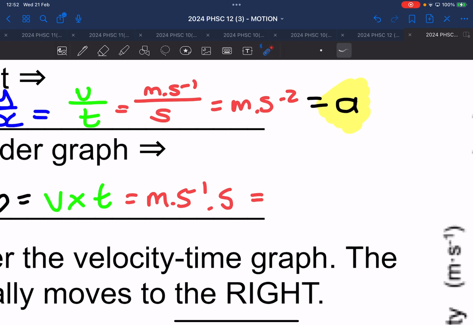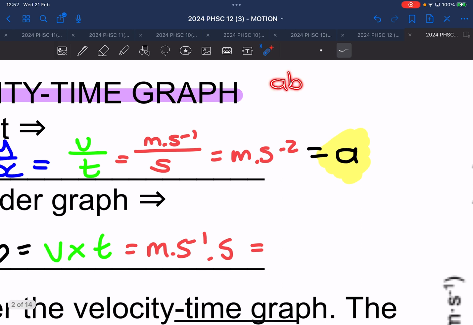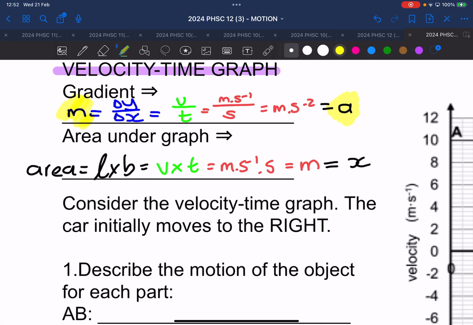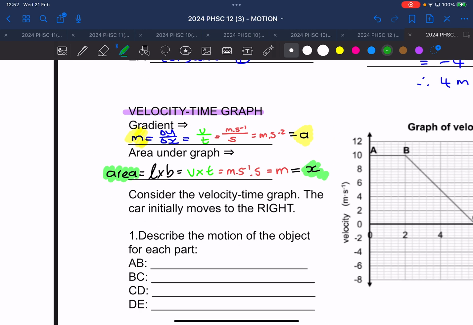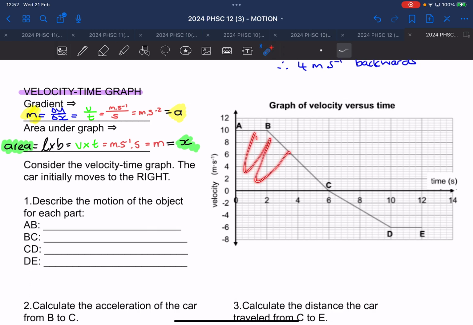Meters. And what do we measure in meters? We measure distance. Okay, so the area under the graph gives you the distance or the displacement.